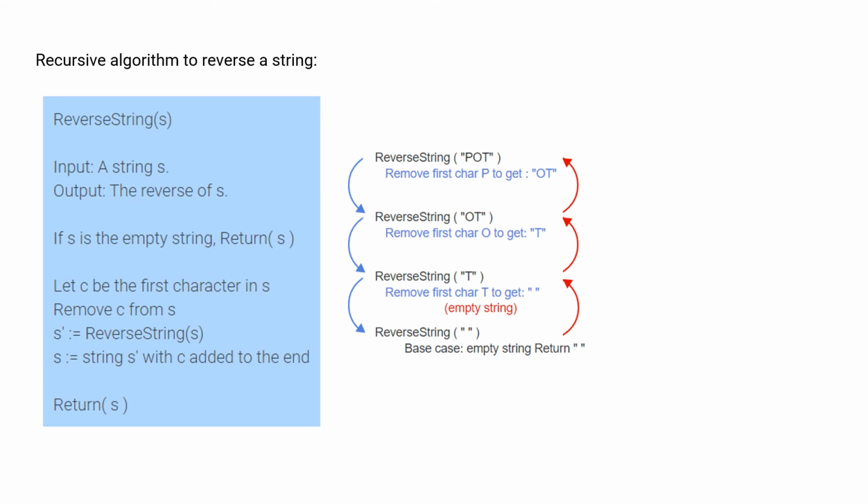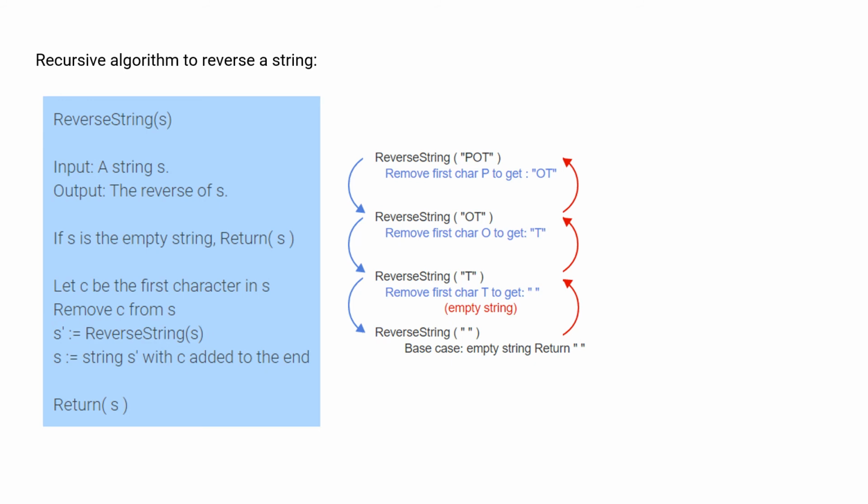And what comes out of that is going to be called S prime. And then if we finally get to the point where we're returning things, the very last thing would be adding that one character that got taken out for that iteration, adding it back, but adding it to the end. And so once we are able to go through all the iterations, then whatever's left in S would be returned.